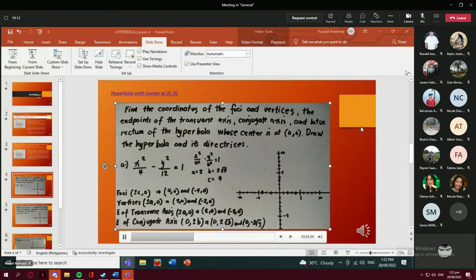The purpose of this transverse axis and the conjugate axis is that this would be our guide to find the asymptotes of our graph. So we will just create here a rectangle.